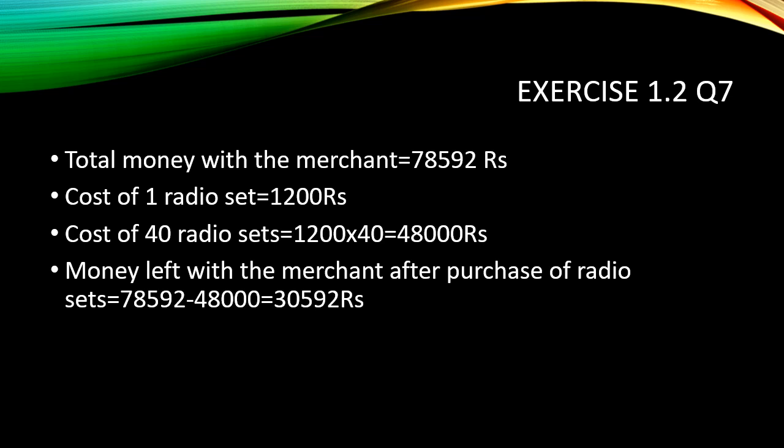Cost of one radio set is 1,200 rupees. Cost of 40 radio sets, 1,200 multiplied by 40, that is 48,000 rupees. Money left with the merchant after purchase of the radio sets is equal to 78,592 minus 48,000, that is 30,592 rupees.